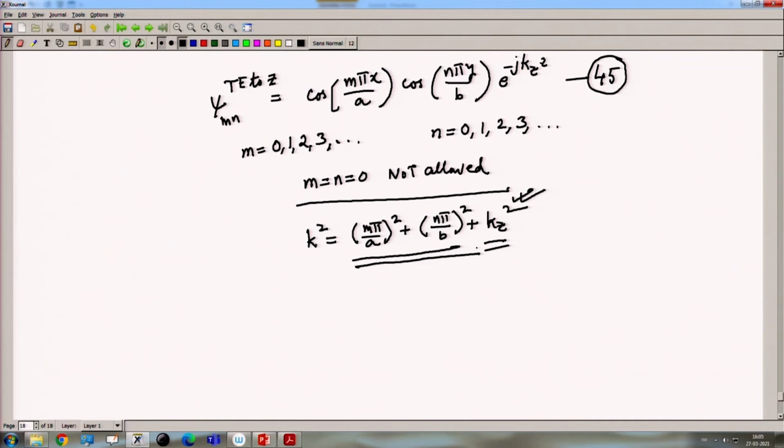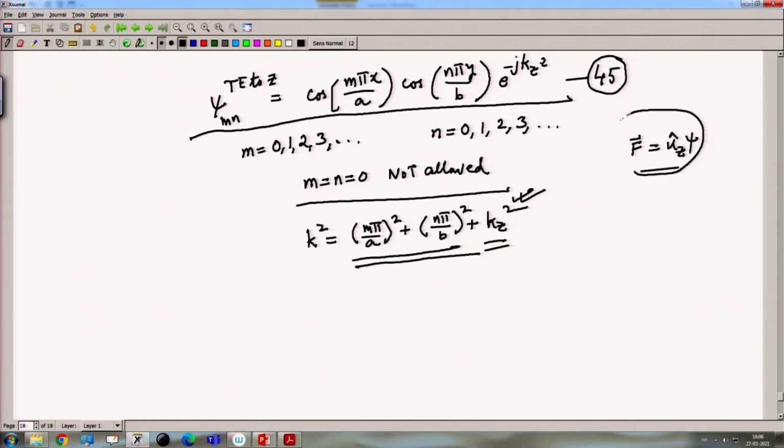So, similar to the TM to z mode, the expressions for the electric and magnetic fields for the TE to z mode can be obtained by substituting this psi function into the equations for the electric and magnetic field that were derived before for the case f is equal to u z psi, because this choice generates the TE to z mode.